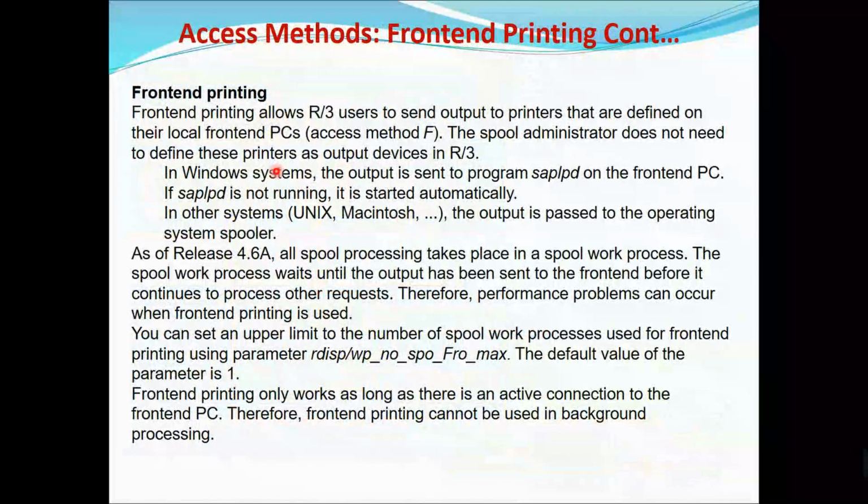Basically front end printing allows the user to send output to printers that are defined on local front-end PCs, which will be available in front of you. That method is called F, though this method is not much used in industries. Most of the time we are using the S method, meaning remote printing, and this is the method we are using.